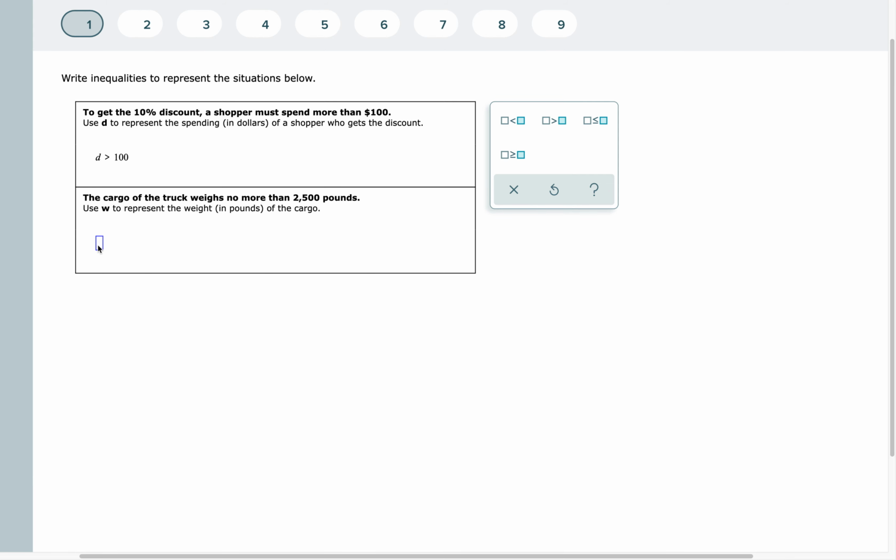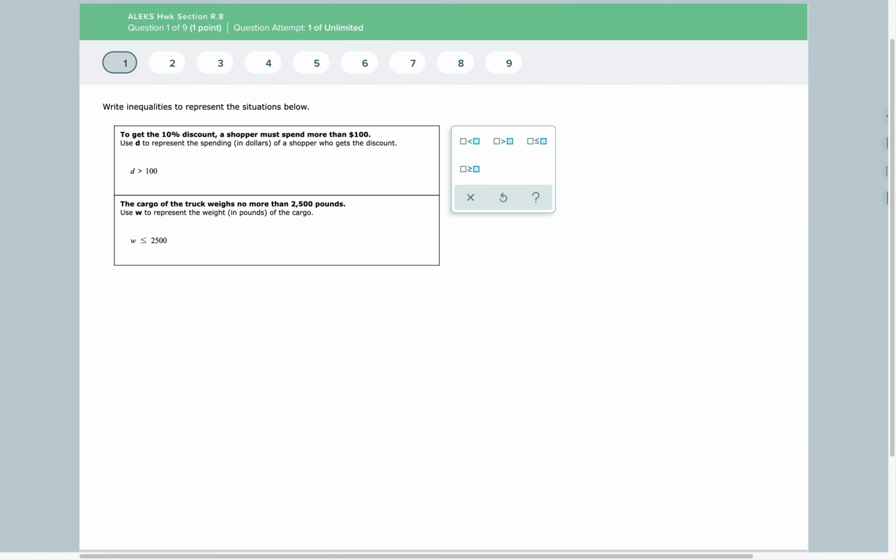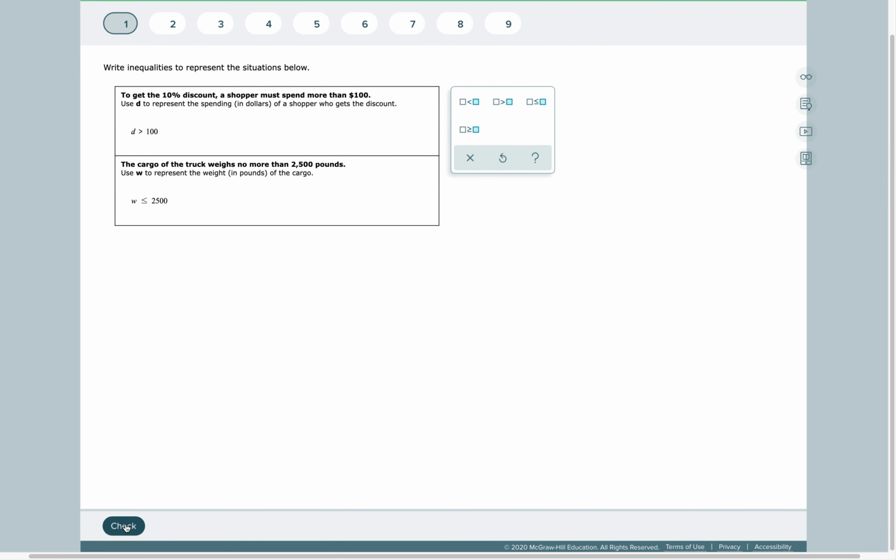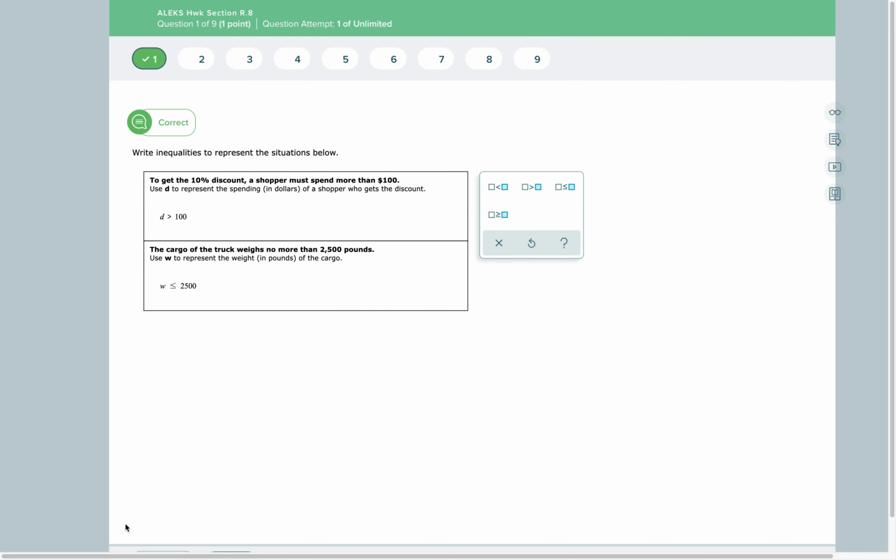So for this statement to be true, if we translate in terms of inequalities, we will have that W is less than or equal to 2,500. And upon checking the result, the statements are correct.